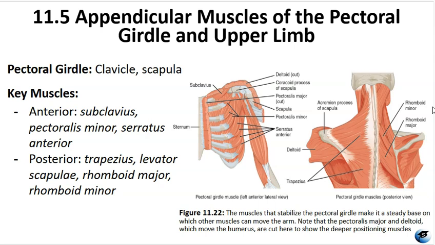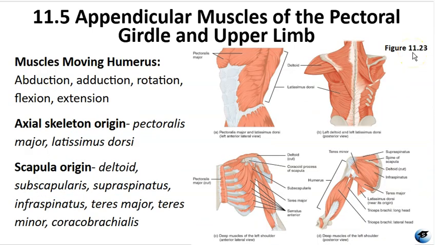On the posterior side, key muscles include the trapezius, which is a large superficial muscle that extends from the neck and shoulders down the back, the levator scapulae, which elevates the scapula and runs from the cervical vertebrae to the upper scapula, and the rhomboid major and rhomboid minor, which are deeper than the trapezius and connect the scapula to the spine.